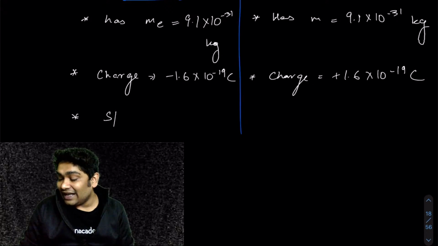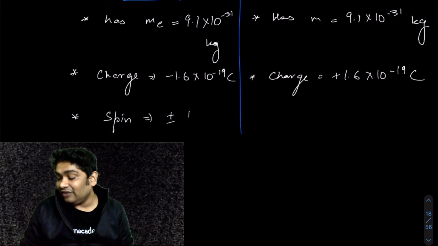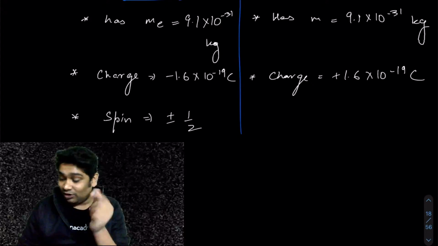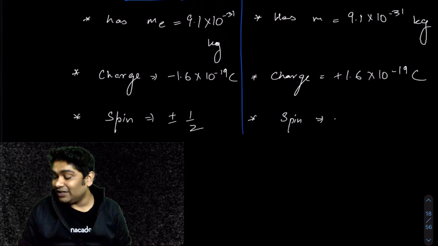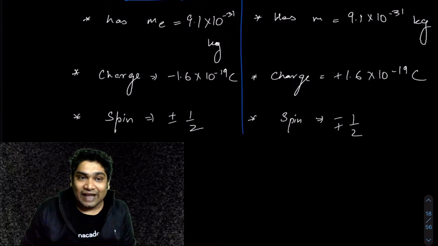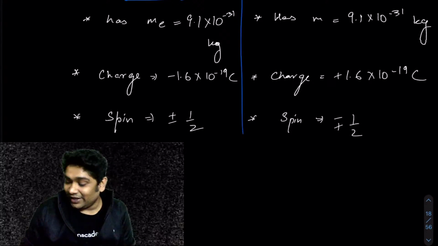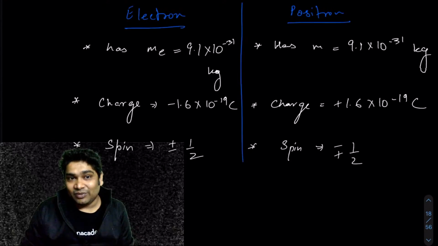If one has spin plus half, the other will have spin minus half, opposite. This will make sure of angular momentum conservation also. That is what is happening in all the energy-matter transformations.